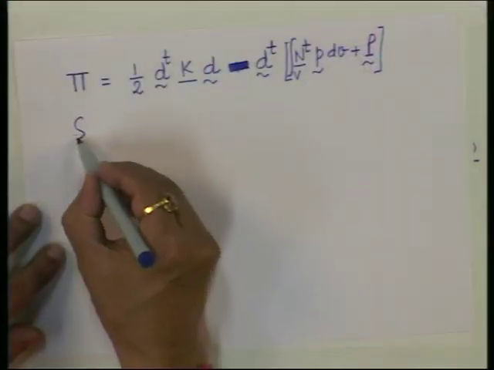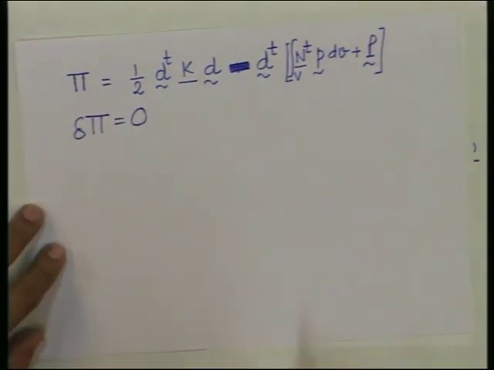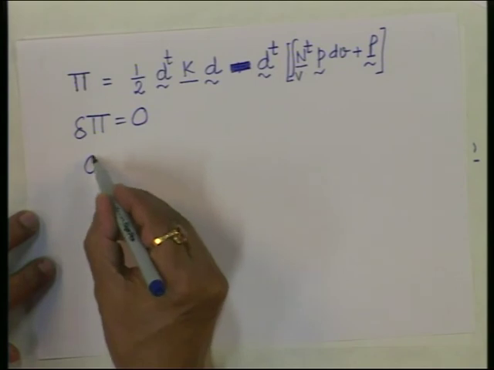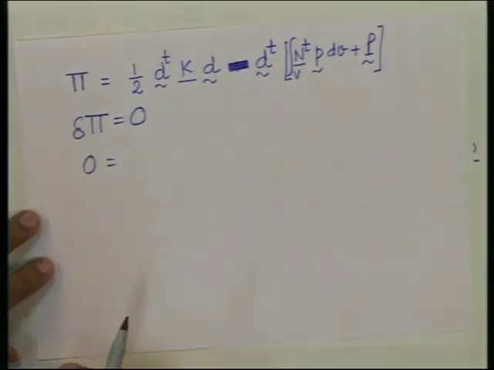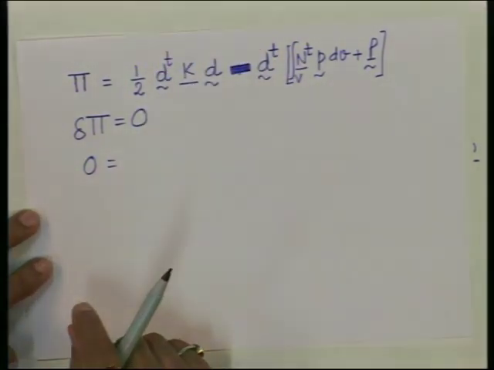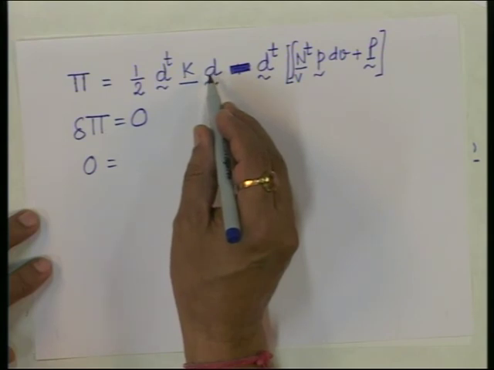Now if you take a variation of this expression, variation means take a Pi. For stable equilibrium, a change in Pi must be set equal to 0, the principle of minimum potential energy. So, this will give me 0 equal to, now what is the variation of this? Variation is the derivative with respect to d.